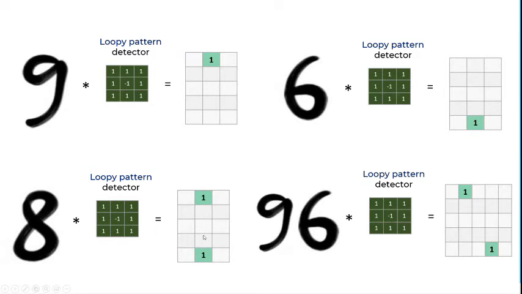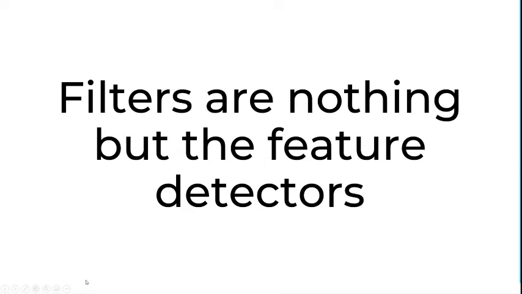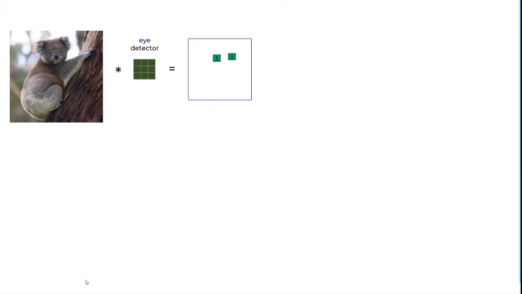In summary, when you apply this filter or a convolution operation, you are generating a feature map that has that particular feature detected. So in a way, filters are nothing but feature detectors. For koala's case, you can have an eye detector, and when you apply the convolution operation, in the result, see, you got these 2 eyes at this location.